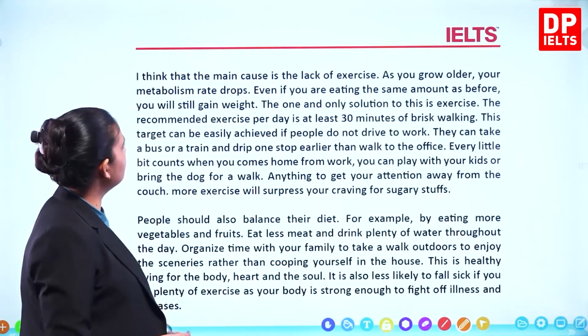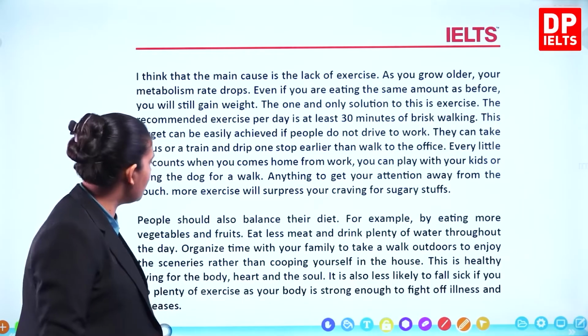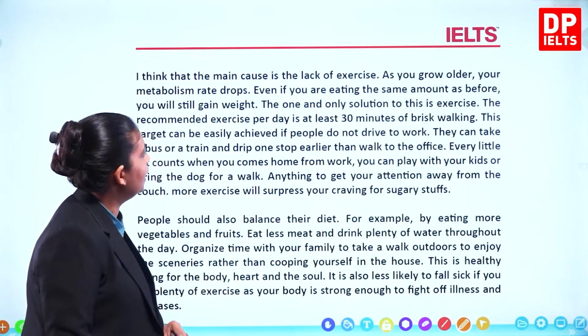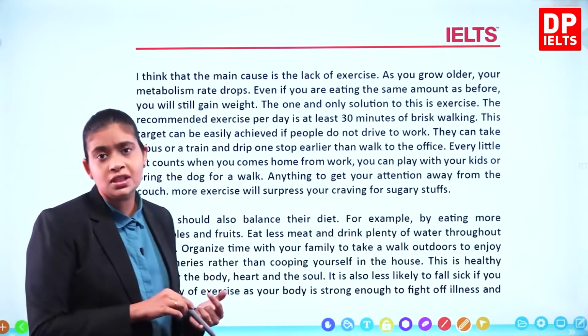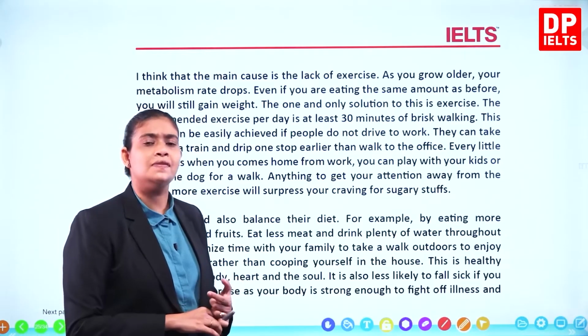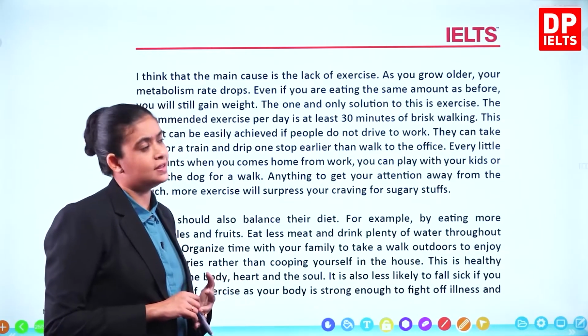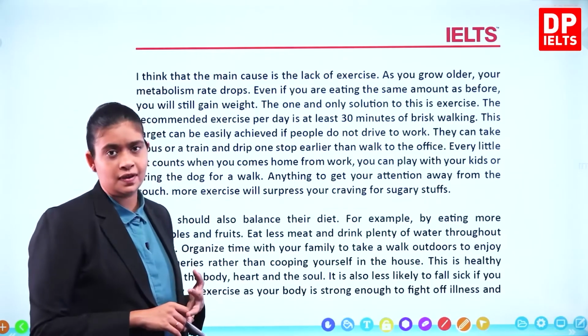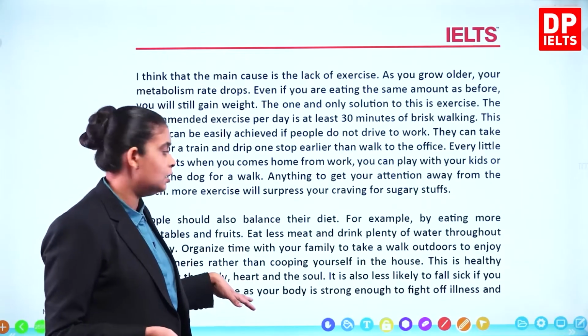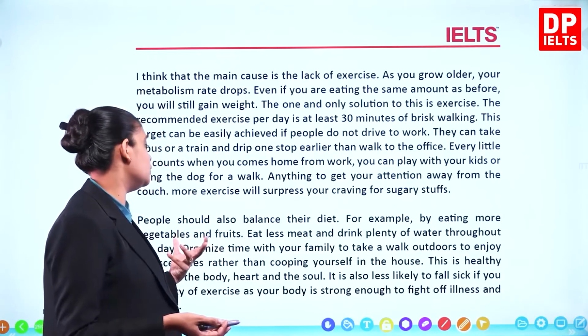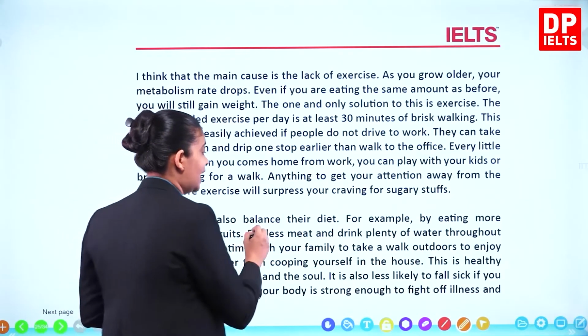The next one, I think the main cause is lack of exercise, okay? And the student talks about another point, where they don't eat healthy because of their busy lifestyle and they don't do the necessary amount of exercise, the lack of exercise. The last one, it talks about what could be done. So the student says people should think about eating a balanced diet.